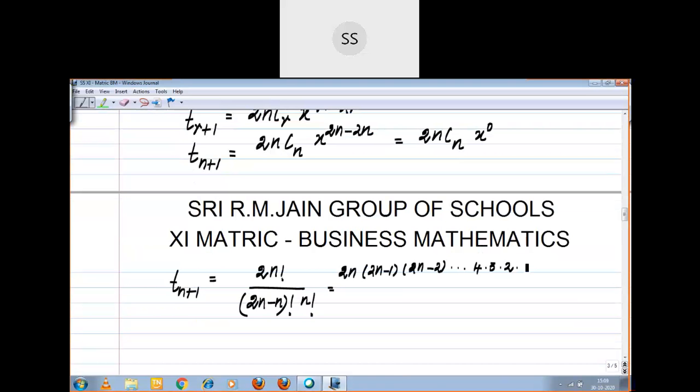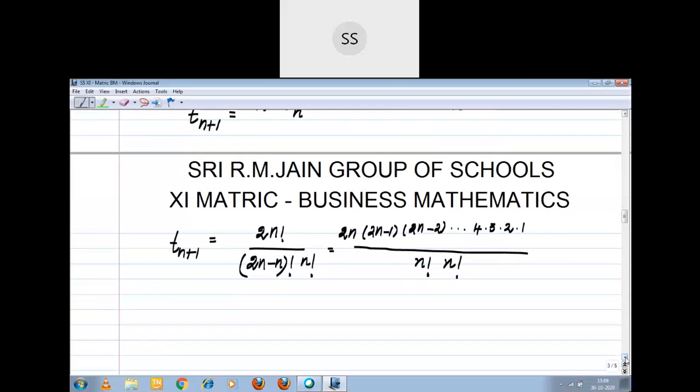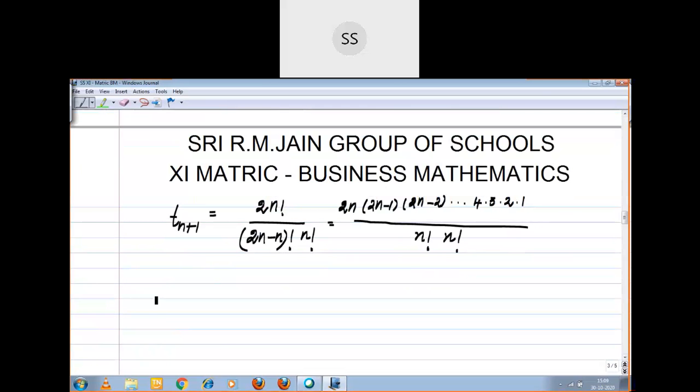Now, Tn plus 1 equal to 2n factorial divided by 2n minus n factorial into n factorial, which is equal to 2n into 2n minus 1 into 2n minus 2, etc. 4, 3, 2, 1 divided by n factorial into n factorial.